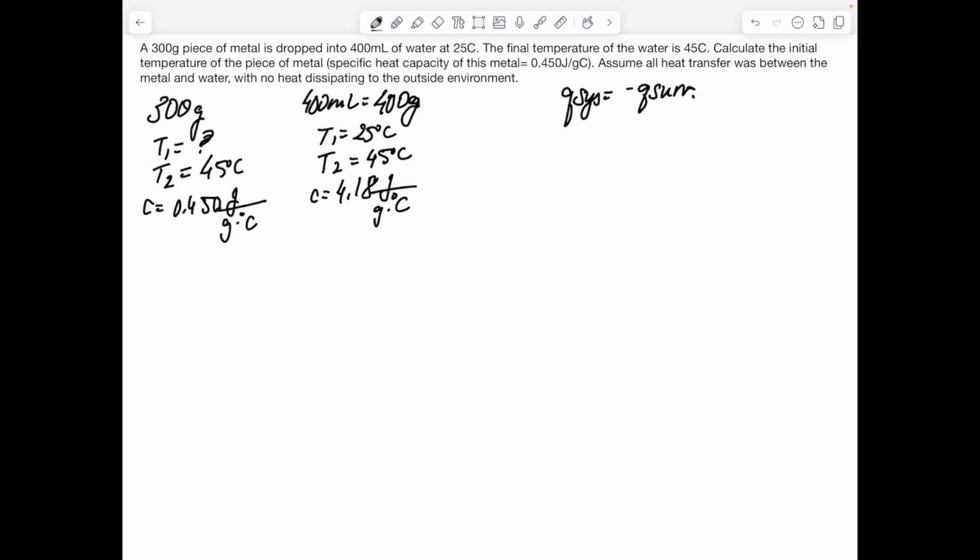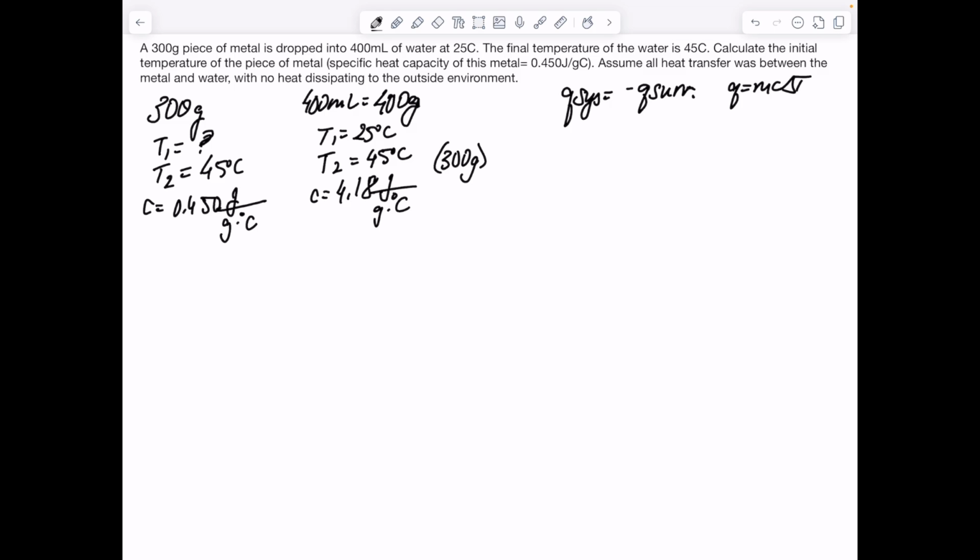And the great thing about that is, well, we know that Q equals mc delta T here because we're given a mass. So we basically just use this broken down expression of Q for the system and for the surroundings, and we just find that missing variable. So it's a direct plug and chug. So let's just write out that expression here.